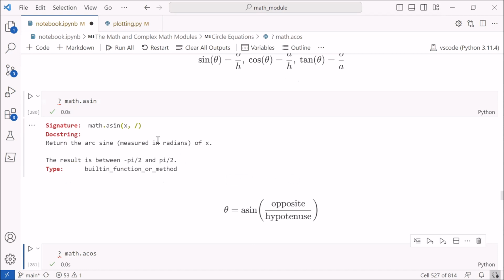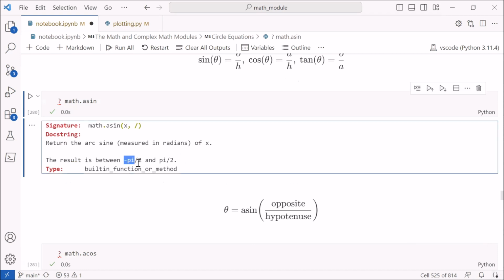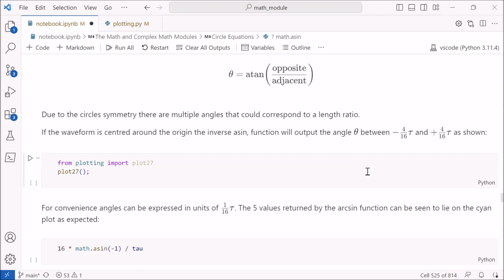Okay, so if we focus on the sine, we see the ranges between minus pi over 2 and pi over 2. Remember, pi is tau over 2, so this is going to be minus tau over 4 and tau over 4. And because we're expressing this in sixteenths, we're going to use minus 4/16 tau and plus 4/16 tau.